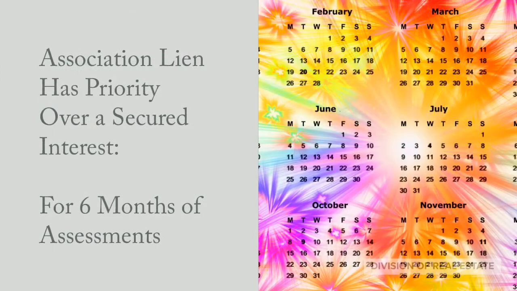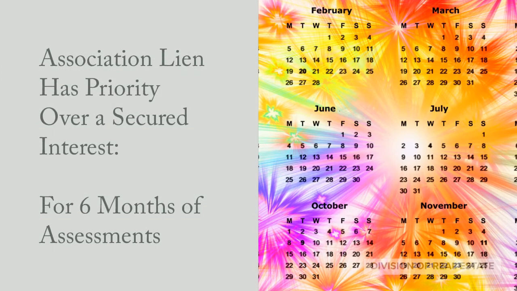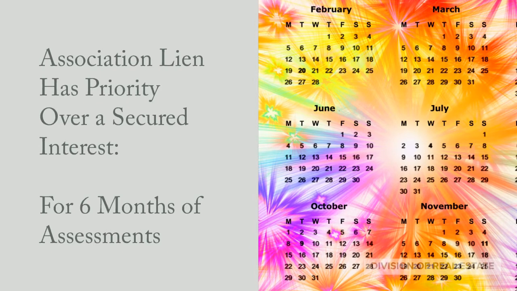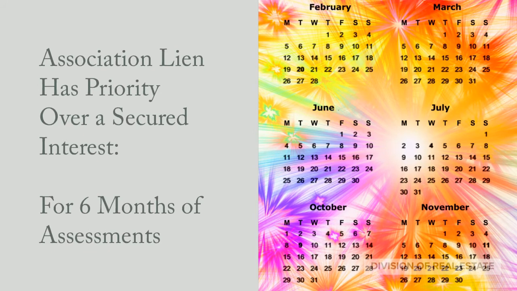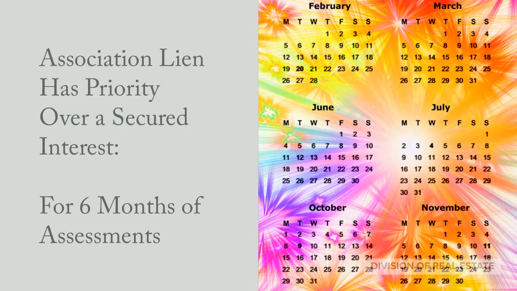An association, however, has priority over security interests to the extent of an amount equal to the common expense assessments based on a budget adopted by the association, which would have become due during the 6 months immediately preceding an action by that party holding a senior lien or performing a non-judicial foreclosure.